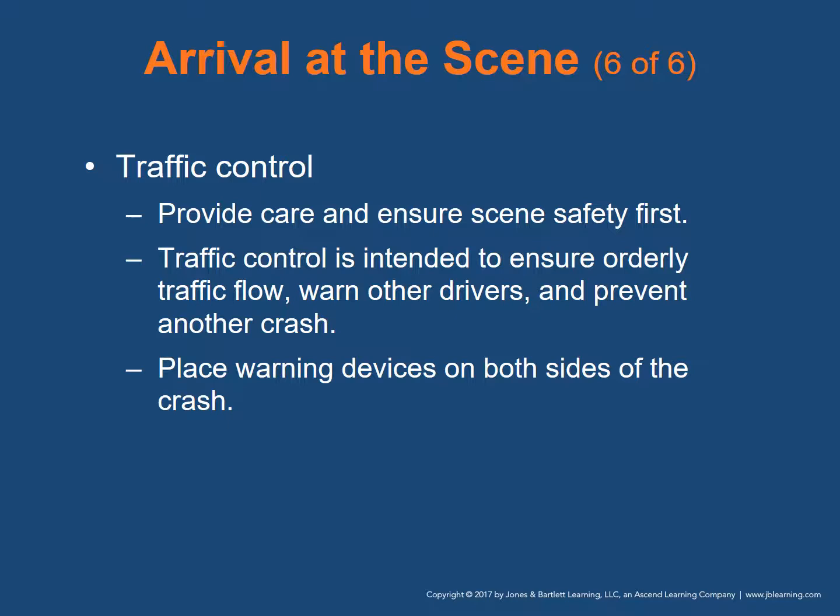Of course, highways and intersections have a very high accident rate, or accident potential, I should say, even if there's not already an accident on the road. So if there is, of course, that just raises the level of intensity in making sure that we're safe and making sure that traffic is diverted away from the scene so that we can work quickly, work safely, and get everybody out of the road as soon as possible.